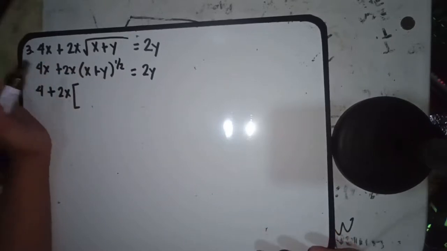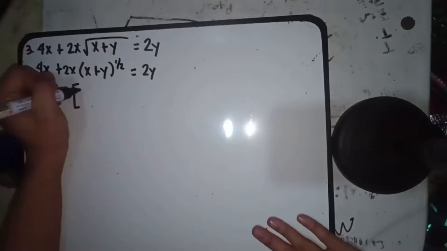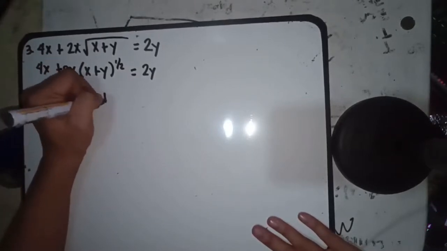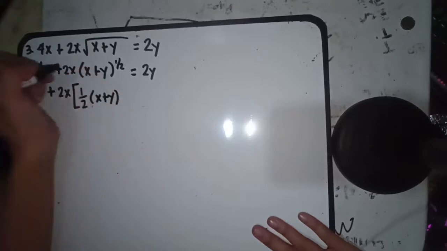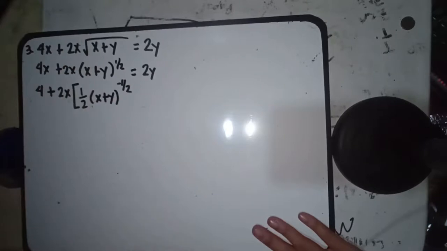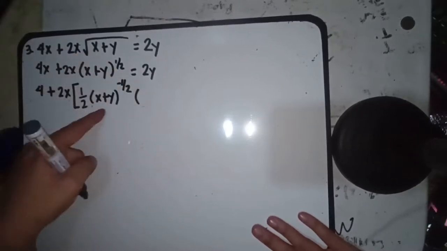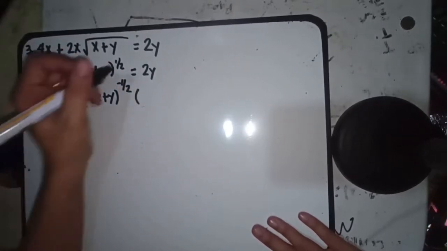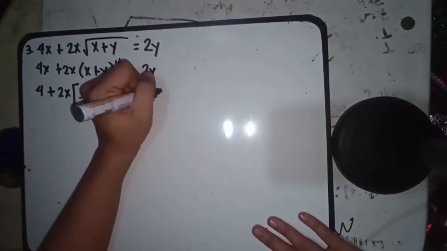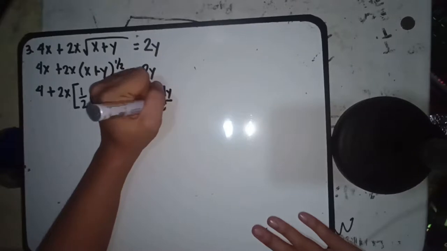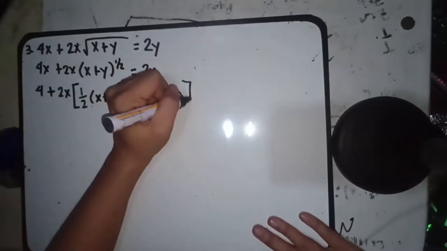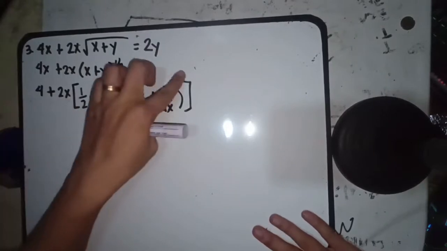You can use the chain rule, but the extended power rule is easier. So, we have 1/2 times x plus y raised to the power of 1/2 minus 1, that is negative 1/2, multiplied by the derivative of the inside. Derivative of x is 1 plus derivative of y, we have 1 dy over dx, or dy over dx. Okay? Next, plus.